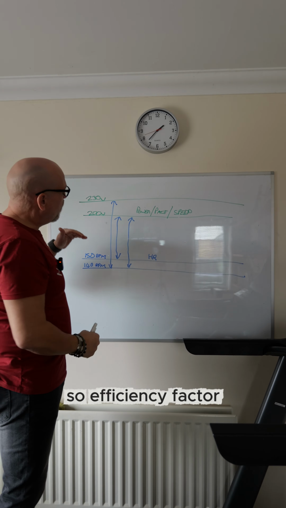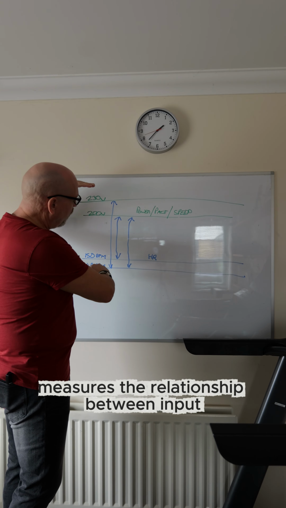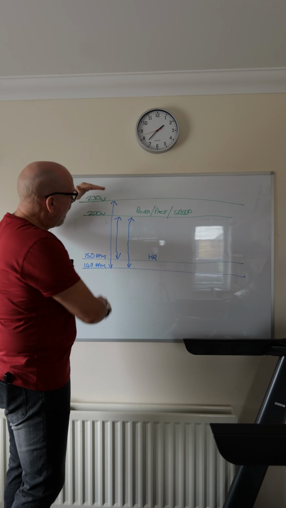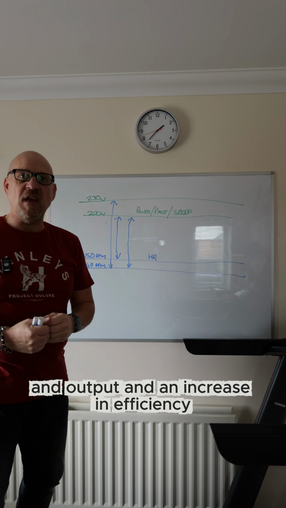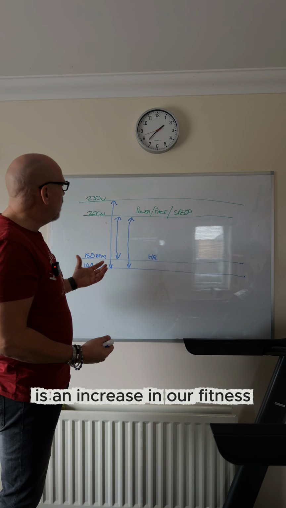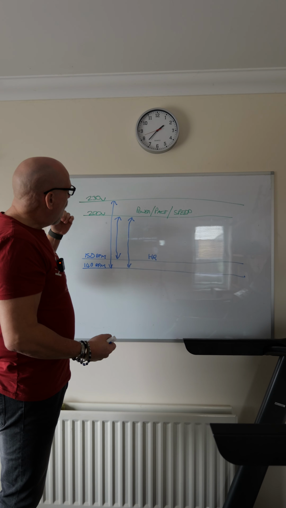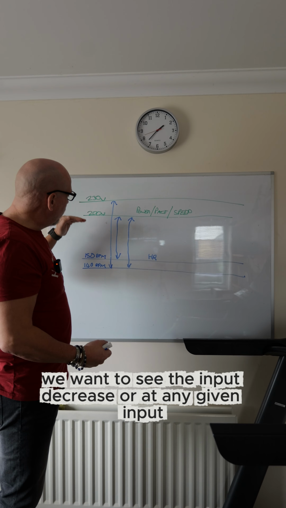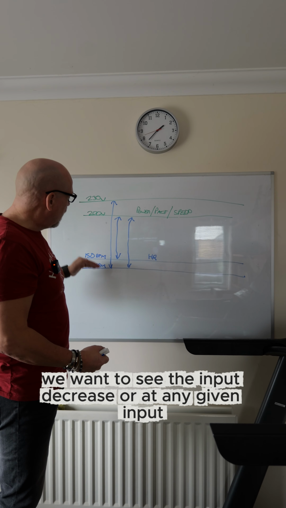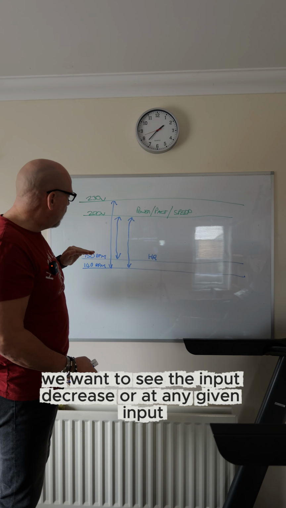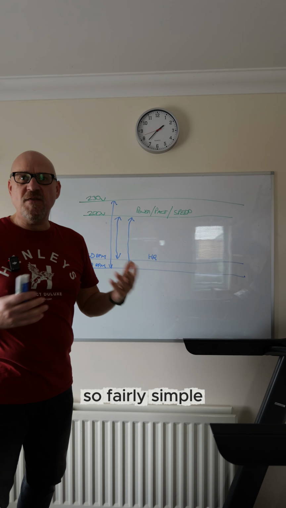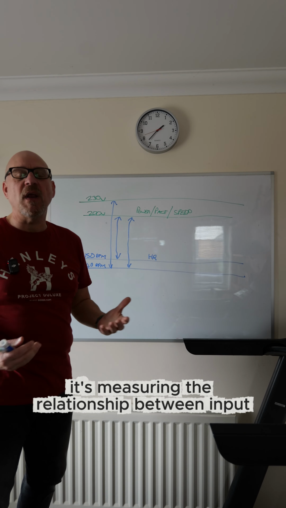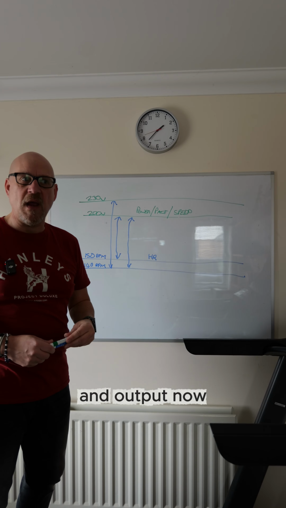So efficiency factor measures the relationship between input and output. And an increase in efficiency is an increase in our fitness. At any given output, we want to see the input decrease, or at any given input, we want to see the output increase. So fairly simple, it's measuring the relationship between input and output.